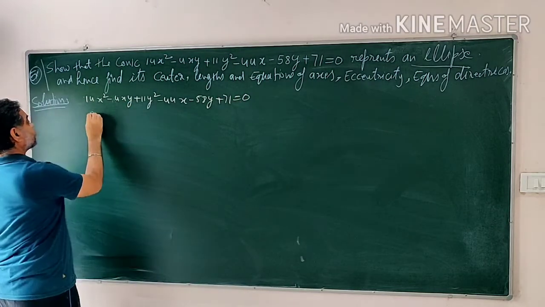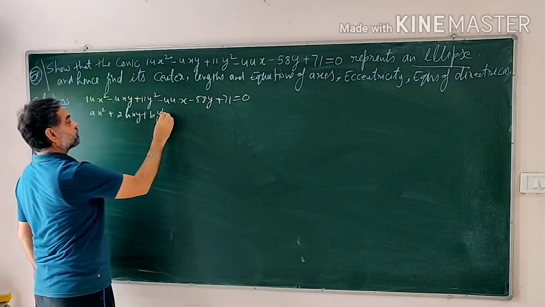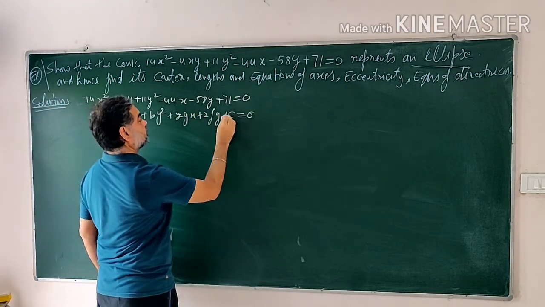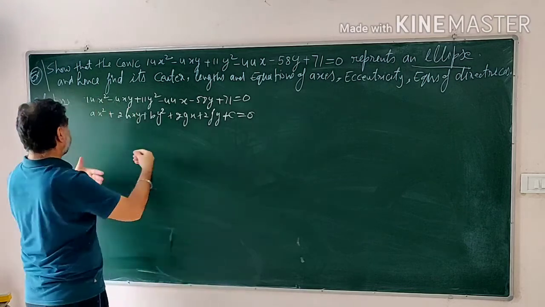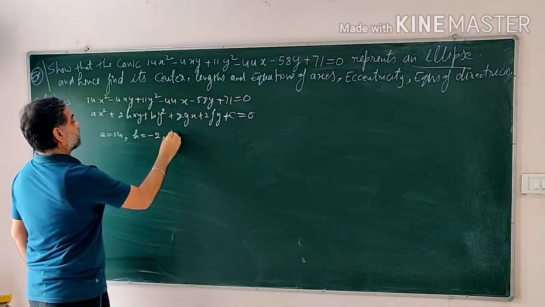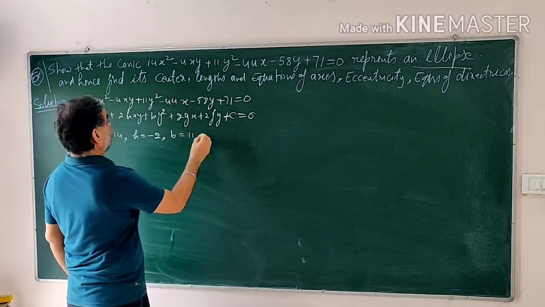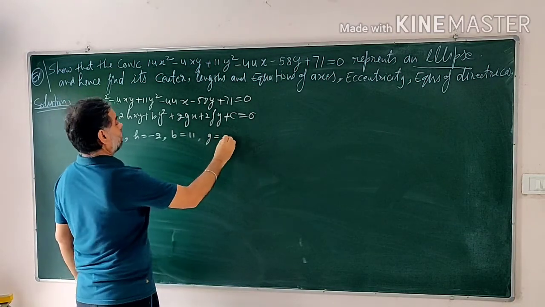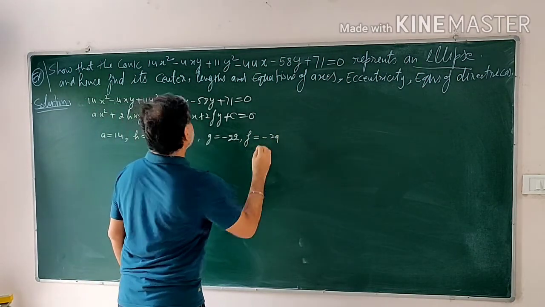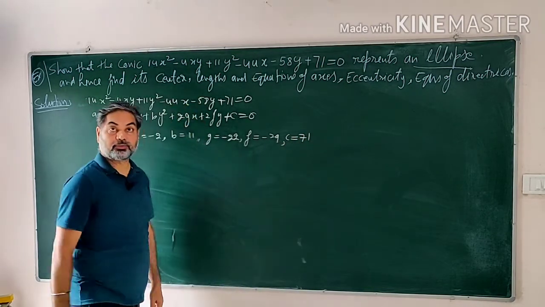We compare this equation with ax² + 2hxy + by² + 2gx + 2fy + c = 0. We compare with this and we see that a is equal to 14, h is equal to −2, b is equal to 11, and g is equal to −22, f is equal to −29, and c is equal to 71.